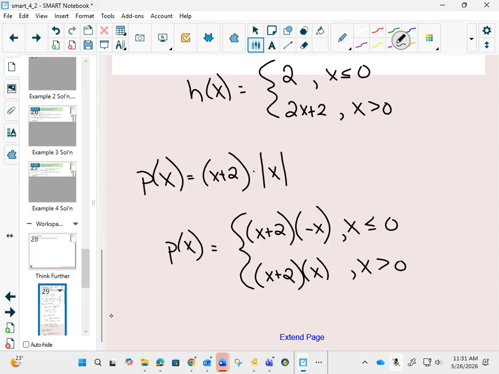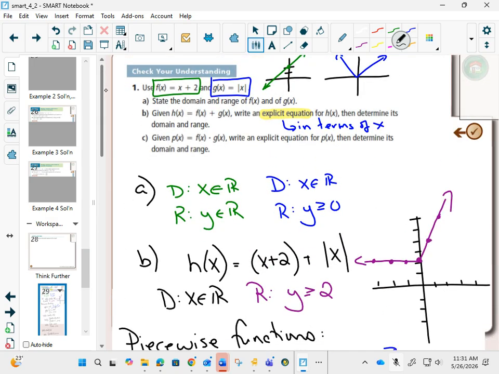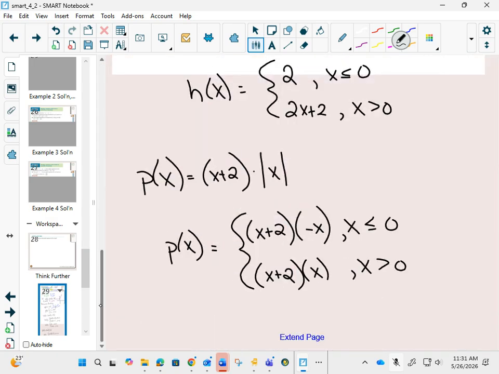Okay? I want you to think what is easier for your brain to do. Option number 1 for graphing this is you know that, I want to make sure I've got my colors the same. I did green and blue. We knew that x plus 2 is this graph. And we knew that the absolute value was that graph.